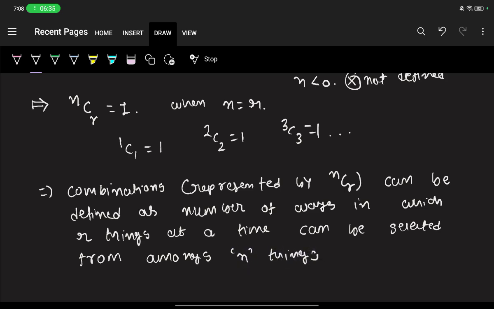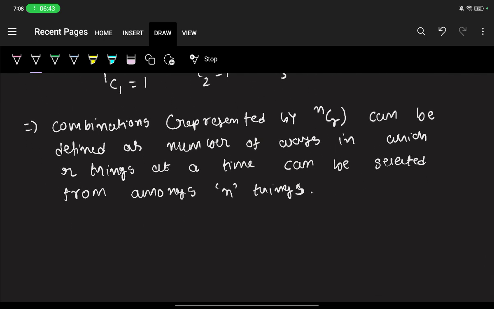available for selection. Again, combinations, which is represented by nCr, can be defined as the number of ways in which r things at a time can be selected among n things. The keyword here is selected.